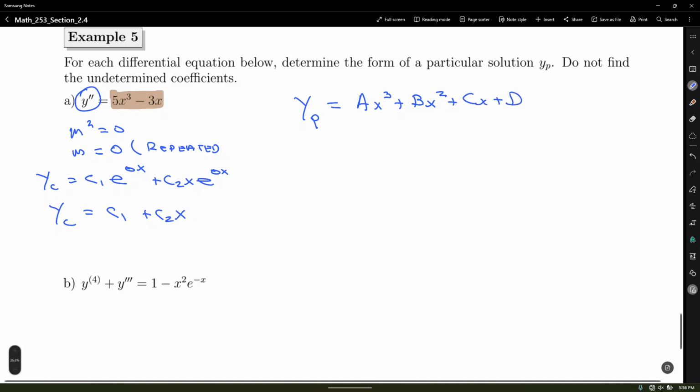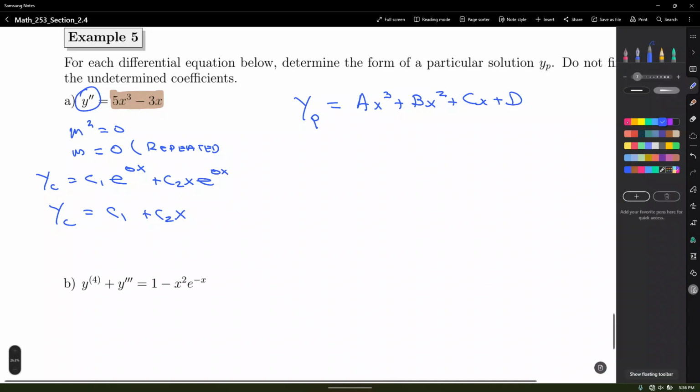And let's see if that solution works. Does that solution work for this equation? How do we know? We need to determine whether we have some duplicates with the homogeneous solution. What about this d right here? Do you guys agree that this d is a duplicate of c1? Because they are of the same degree. So we may need to multiply the entire polynomial by x.